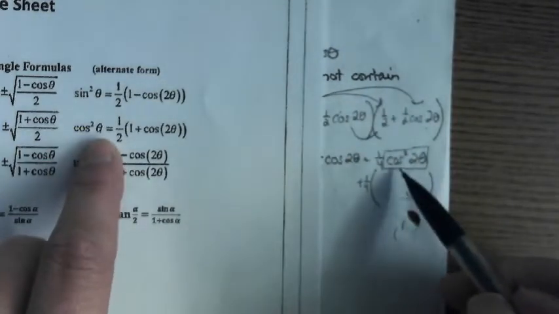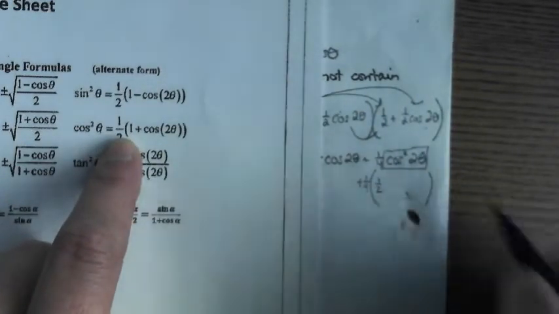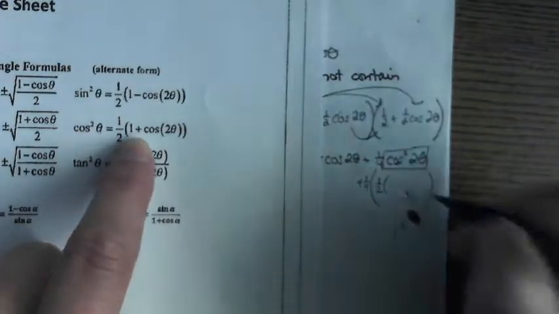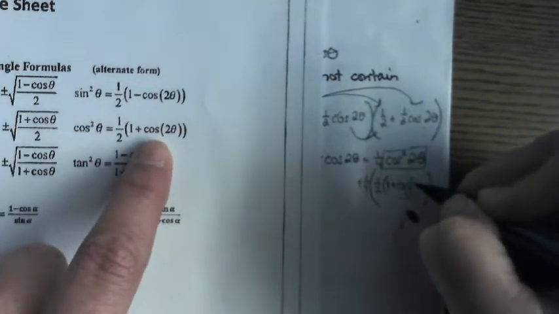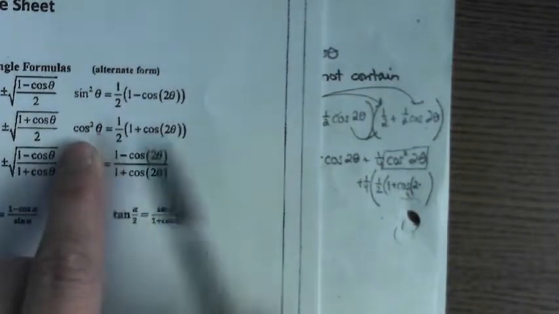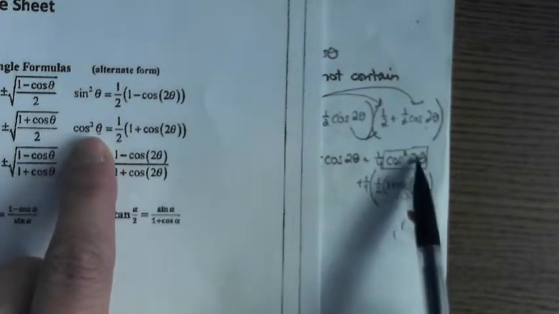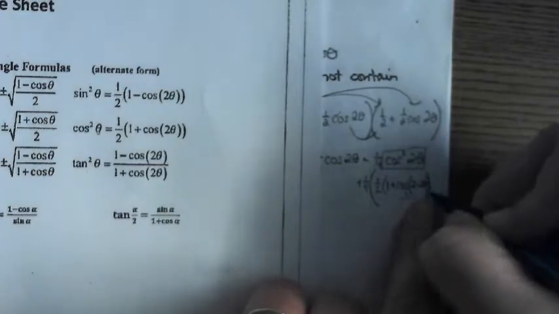I'm replacing this cosine squared with 1/2, parenthesis, 1 plus the cosine of 2, and the theta from my problem is a 2 theta. Are you with me there? So it's 2 times 2 theta, because that's what my theta is in this problem.